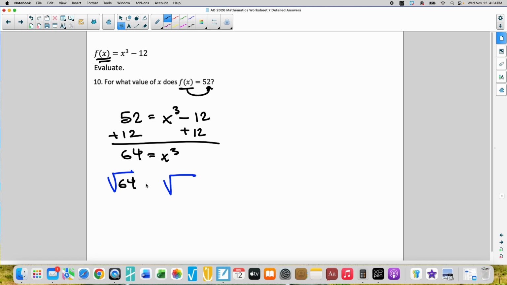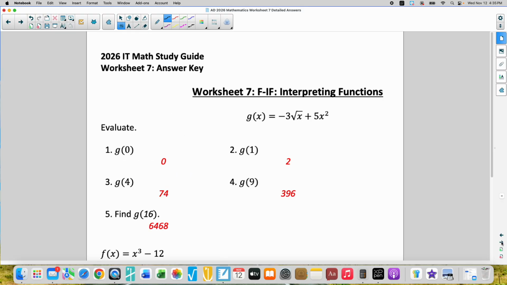It's not plus or minus, because a negative would never give you 64. Got to make this a cube root. If I don't write that, then it's squared. And what's that? 4 equals x. Yeah, that's my solution. That's it.